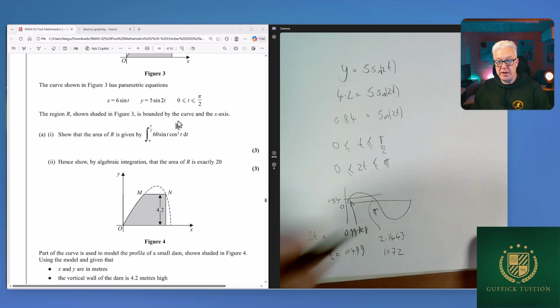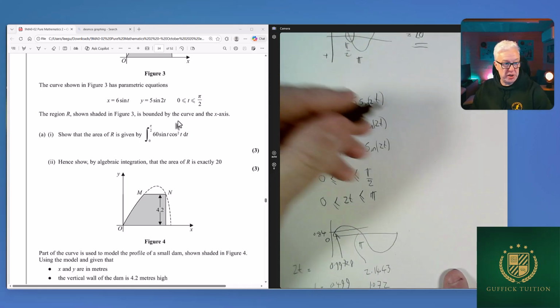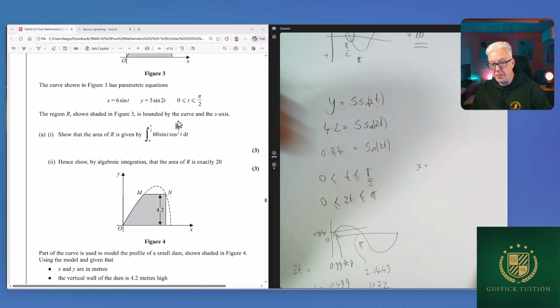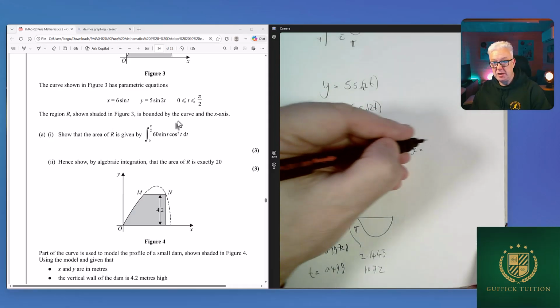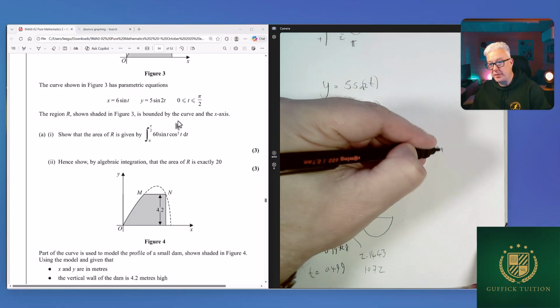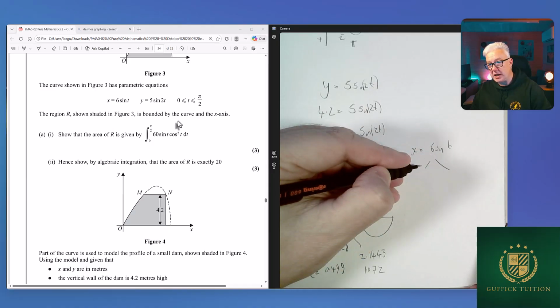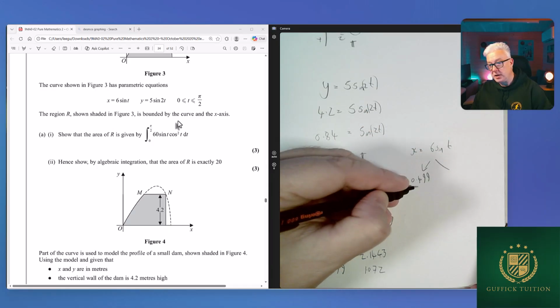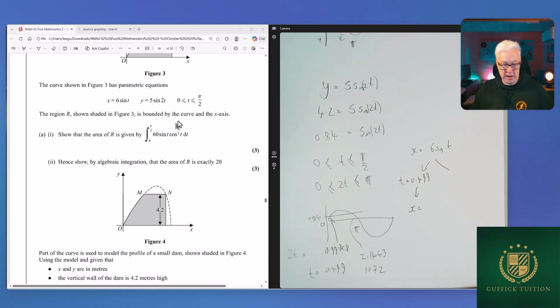We now turn our attention to the x equation and ask what are the 2 x values that we get when we put those 2 t values in. So x is equal to 6 times sine t. Let's first put in t equals 0.499 and see what value of x we get.